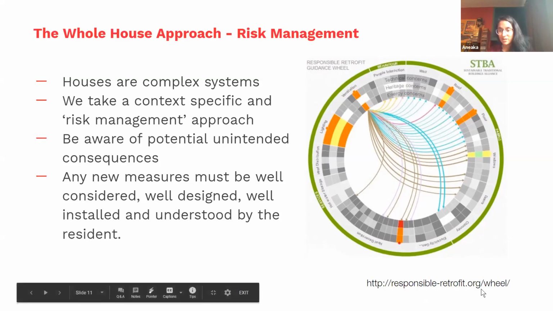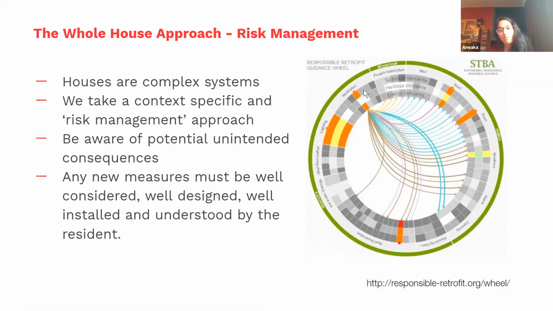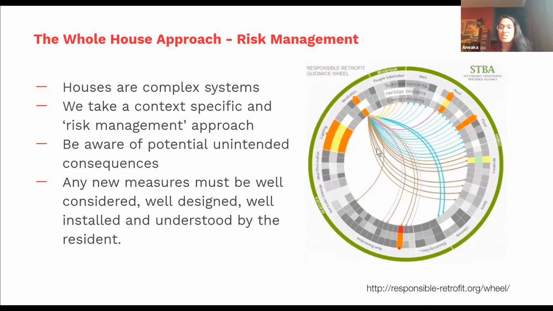I would really recommend using this link, and I'll share the presentation afterwards, and having a click on the different aspects. So ventilation, internal wall insulation, external wall insulation, and it will show you how different aspects of your home link to other aspects. It's a really interesting little tool if you want to have a look.